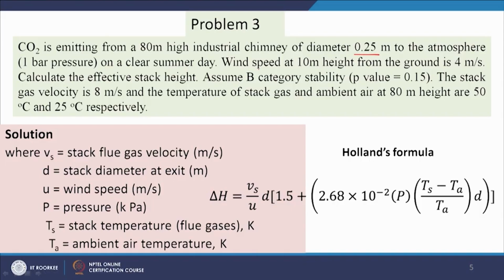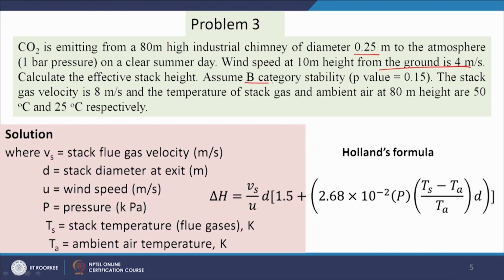So, problem 3: CO2 is emitting from an 80 meter high industrial chimney of diameter 0.2 meter to the atmosphere, at 1 bar pressure on a clear summer day. Wind speed at 10 meter height from the ground is 4 meter per second. Calculate the effective stack height.